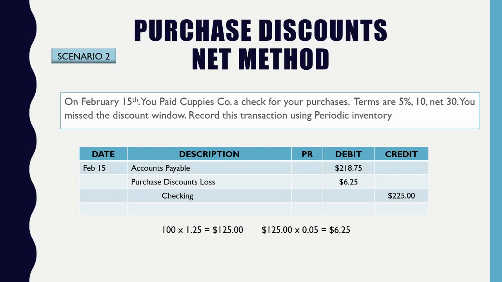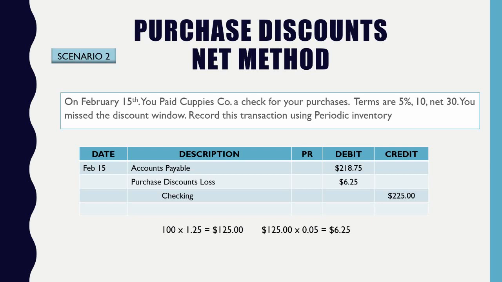So we need to recognize that we lost that discount by adding $6.25 worth back into your purchase expense, by creating the contra account.